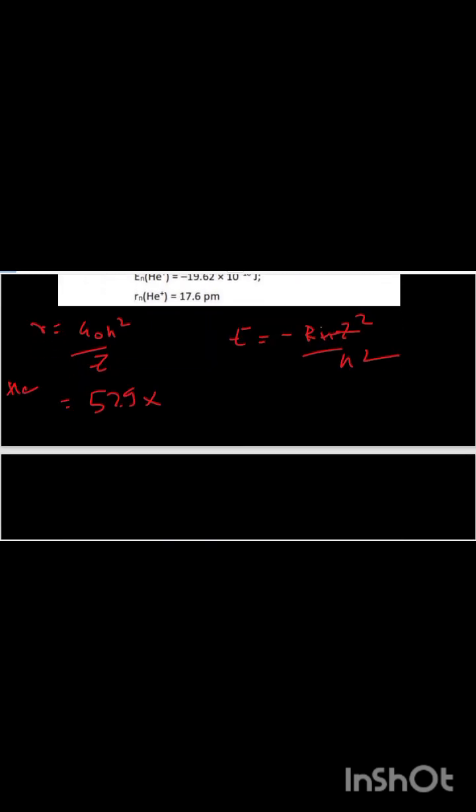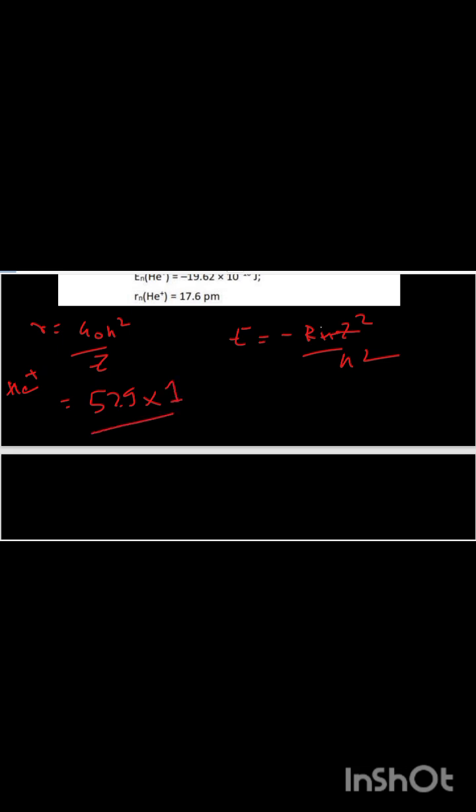So the formula of radius is r equals a0 n square by Z. Energy is minus RH Z square by n square. The value of a0 is given, 52.9. I am starting with helium plus, first orbit.